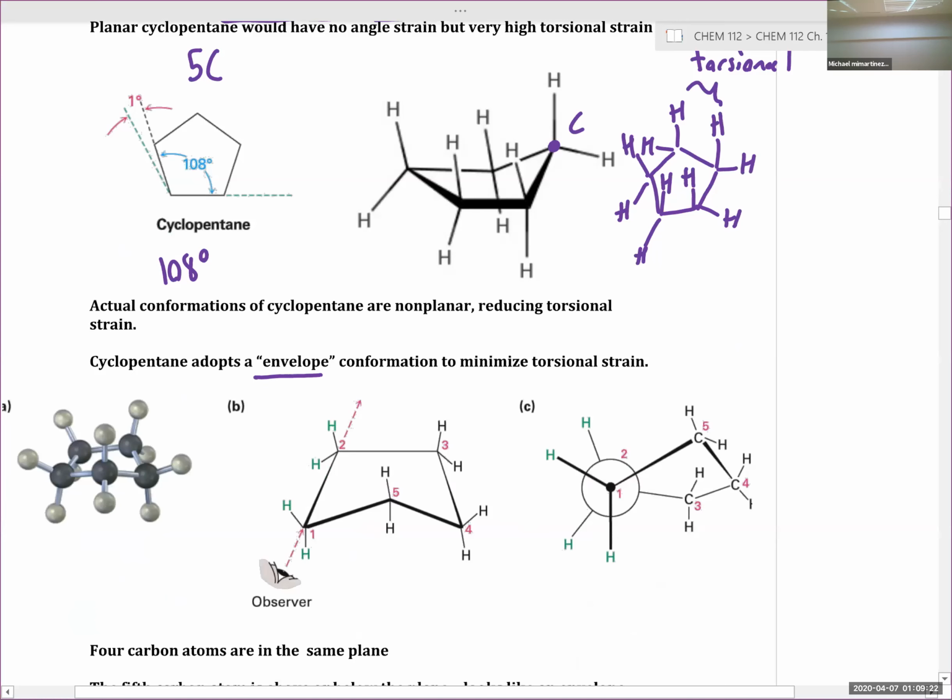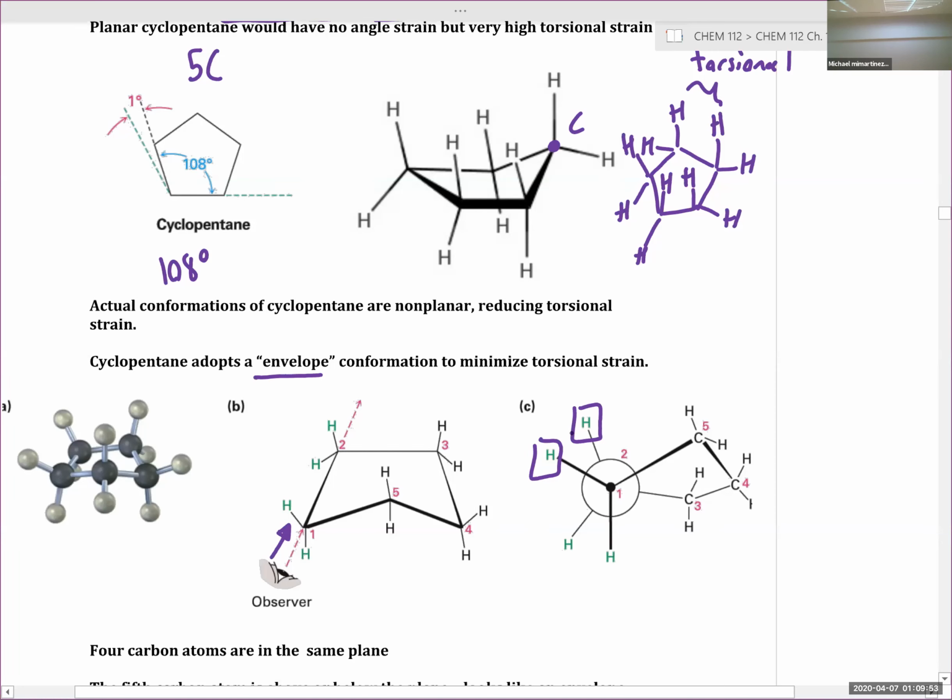If we look down one of our carbon-carbon bonds and compare the relative position of these two hydrogens, are we closer to an eclipsed or a gauche-like arrangement? Or are we closer to a staggered-like arrangement? Are these hydrogens eclipsed or gauche-like?